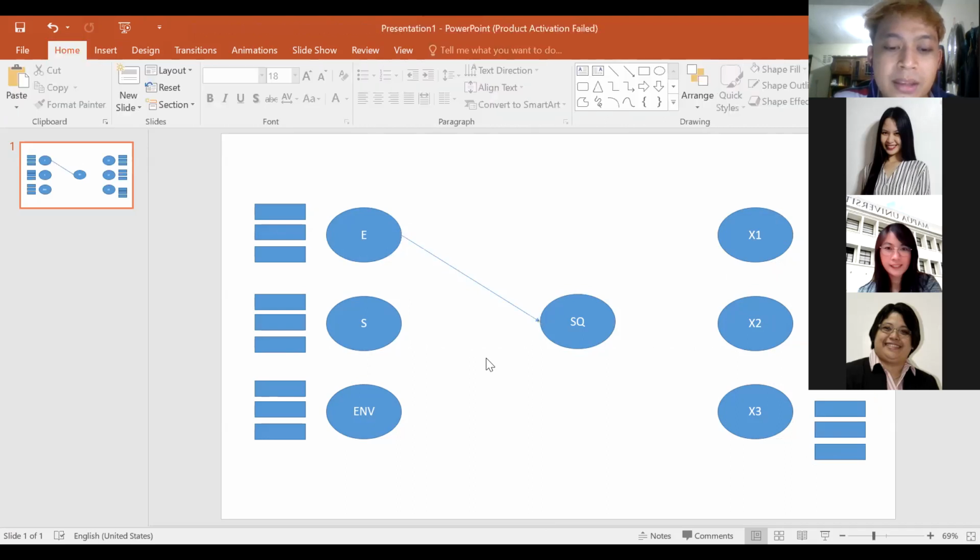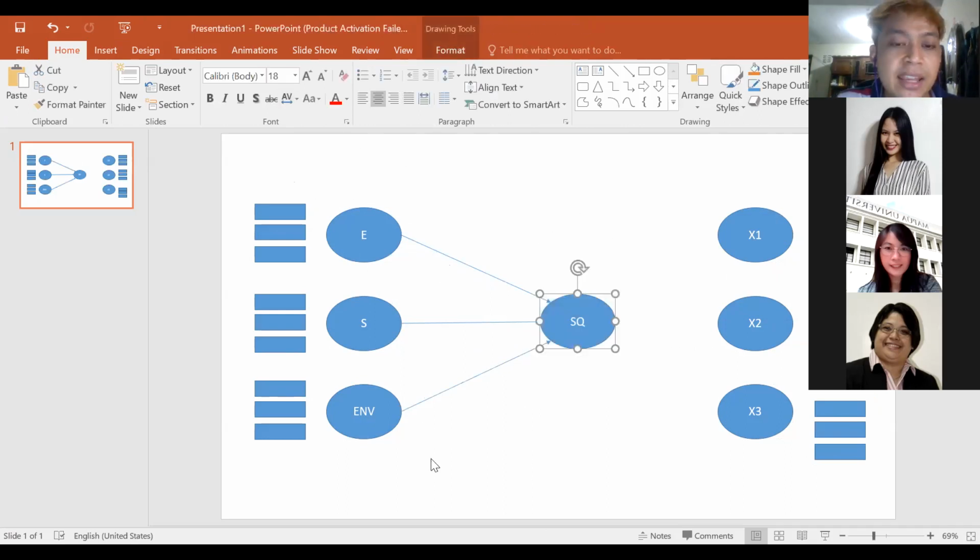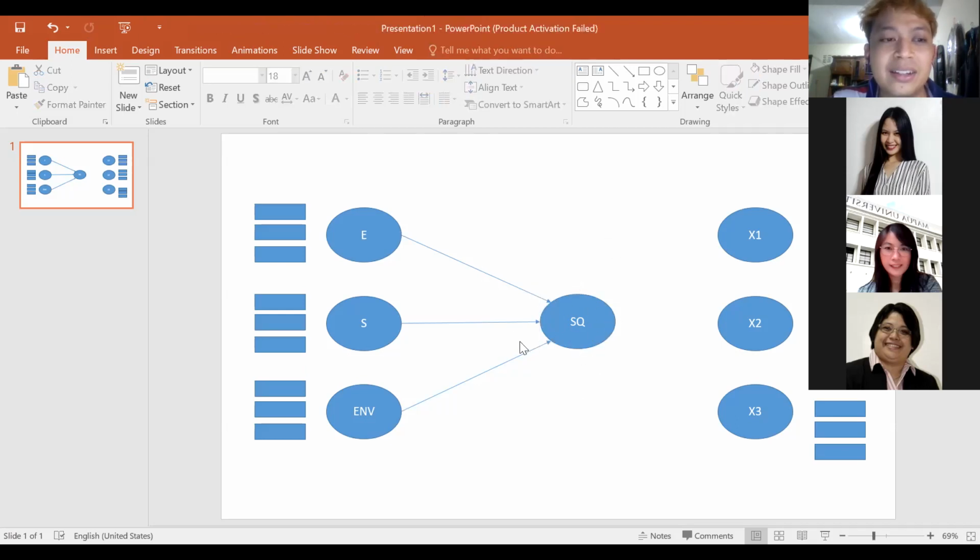Before using SEM, she actually utilized standard multiple regression. That one is of course still okay, but if you would like to make it SEM, it will be like that. She would like to predict SQ based on the E, S, E, and Phi. But SQ has no such measure directly, right? You don't have the value of SQ directly, right?